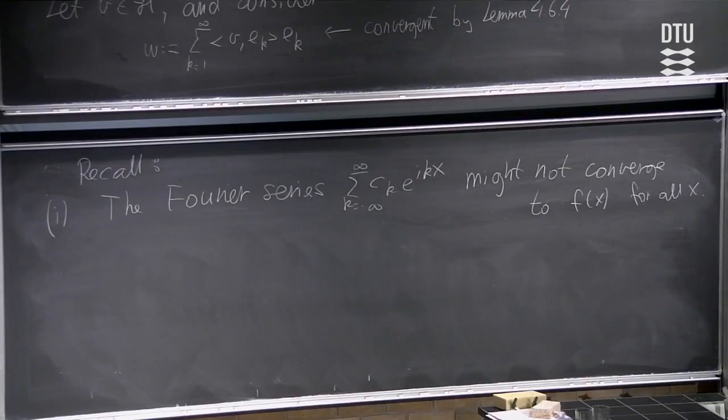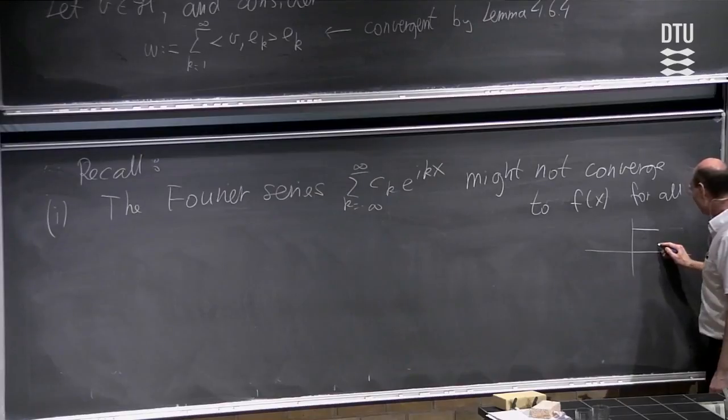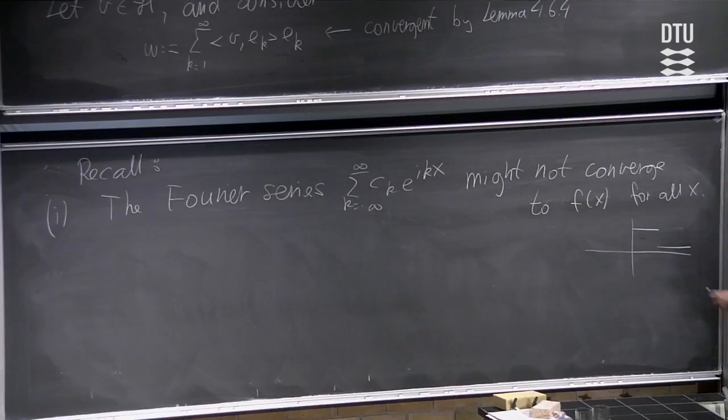So the classical case where this breaks down is if you have a function that has a jump like this, then we know that the Fourier series will always take the average value here. And that means depending on how this function is defined exactly at this point, we cannot be sure that the Fourier series converges to the right value. So we have a problem here.